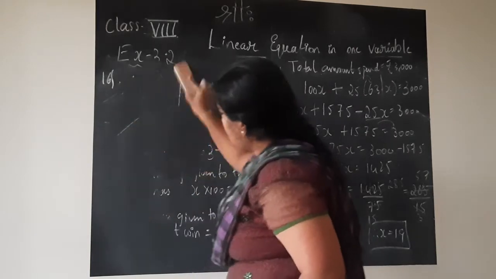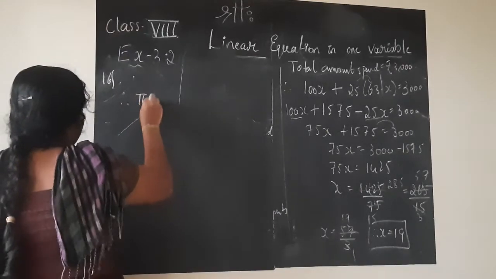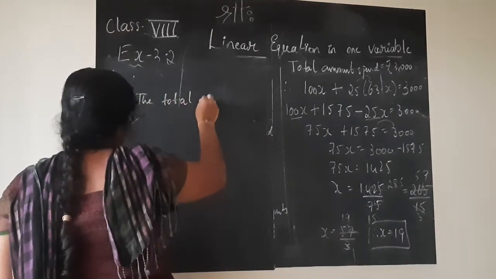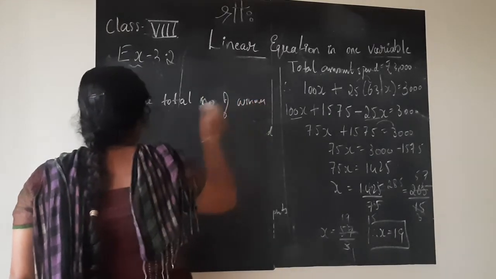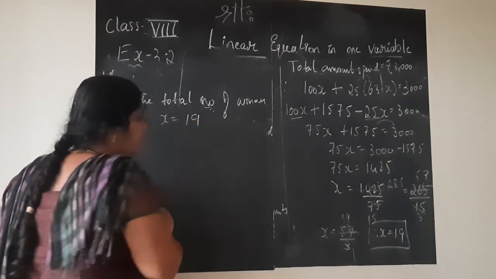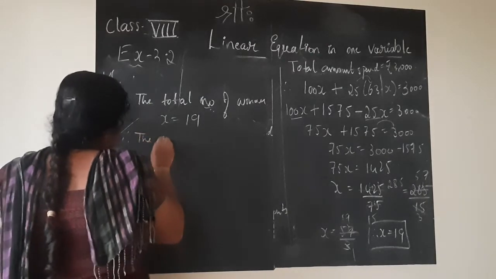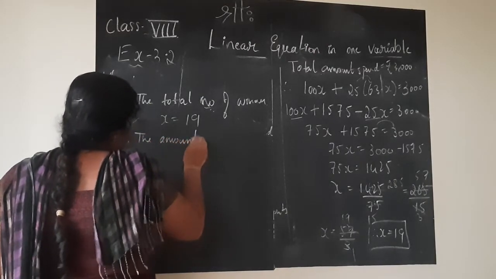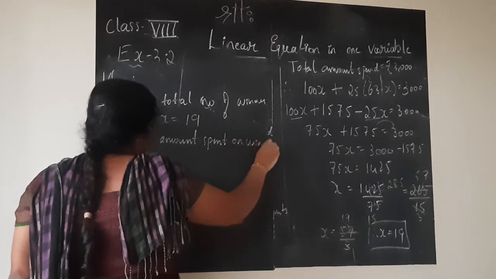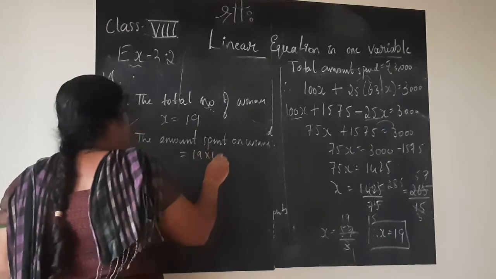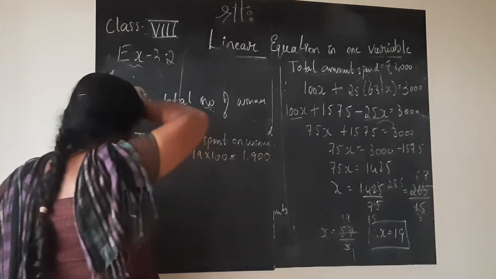Therefore the total number of winners, x, is equal to 19. If 19 people won, children, therefore the amount spent on winners is 19 into 100 rupees each, so they spent 1900 rupees on the winners.